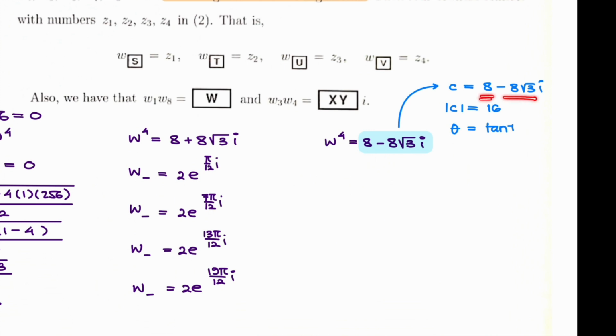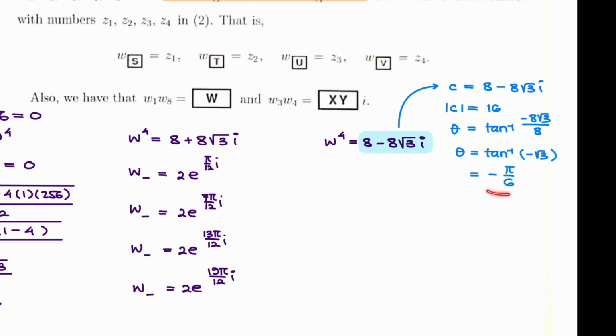So negative 8 square root of 3 divided by 8. As you can see here, the argument is tan inverse negative square root of 3. Tan inverse negative square root of 3 equals negative pi over 3.